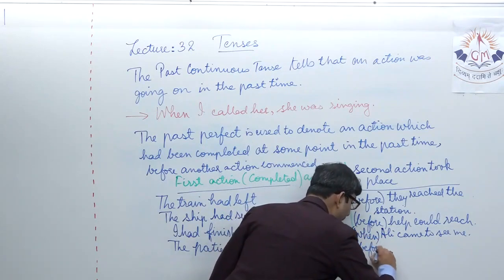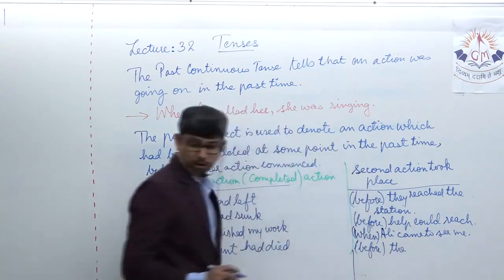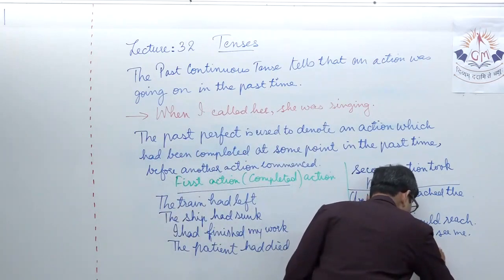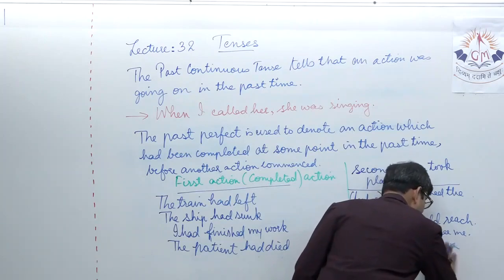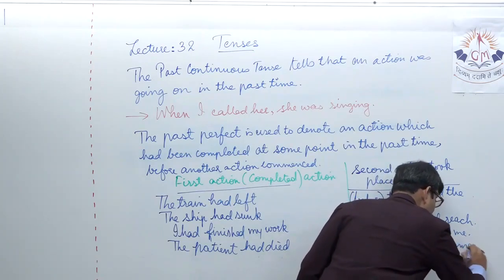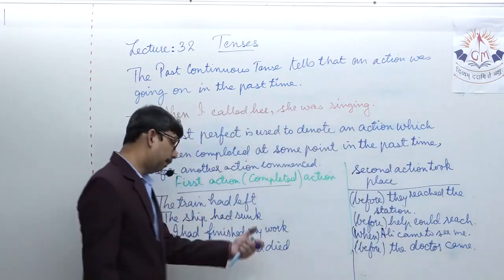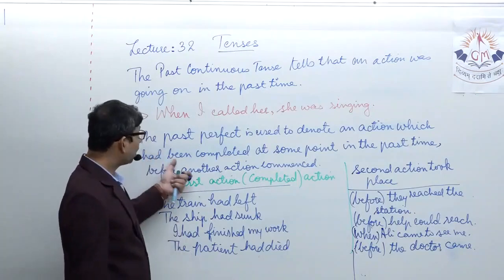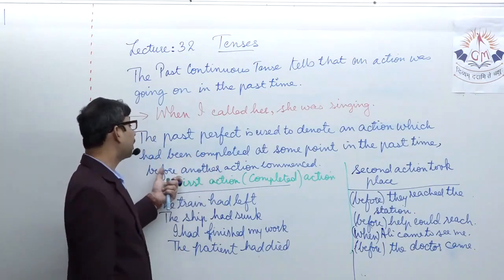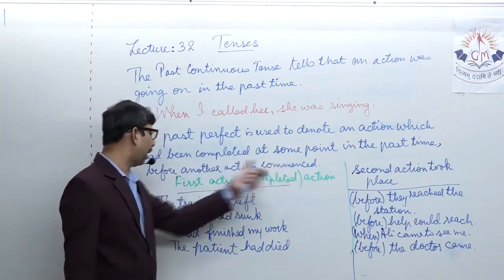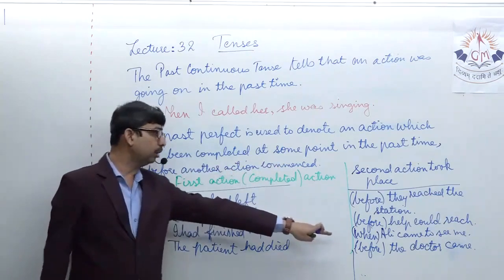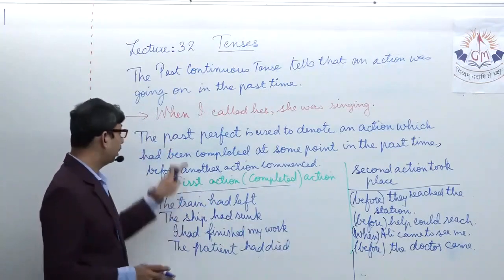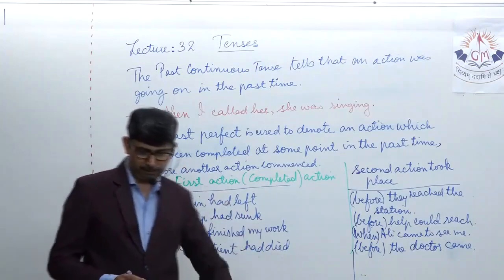Before the doctor came or arrived. Means the doctor came later, but before that, the patient had already died. So when I want to express, the past perfect is used to denote an action which had been completed at some point of time in the past before another action had started. So I hope with these examples we have learned and understood this type of tense perfectly.